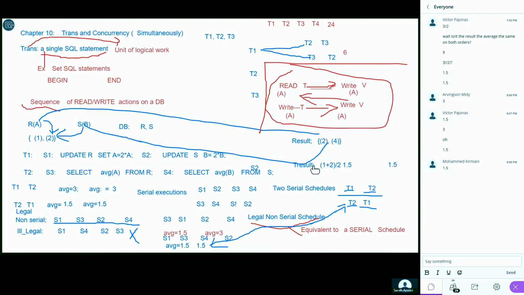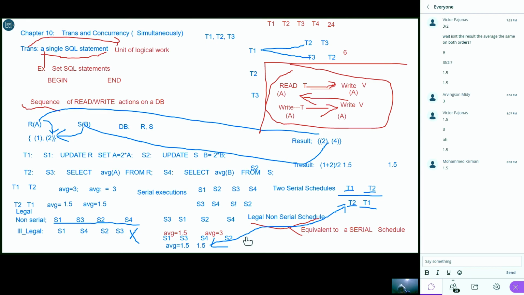Yes, it is. So here is a valid non-serial schedule, but it's equivalent to some serial schedule. We cannot guarantee whether it's equal to this one or this one, but it doesn't matter which serial schedule it is, the database will be consistent.